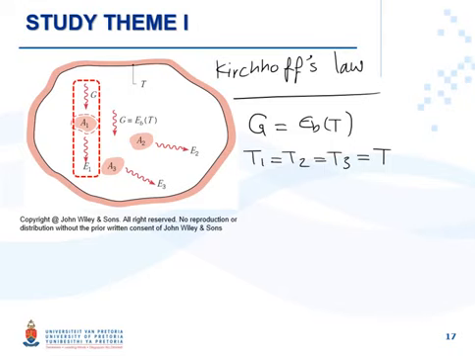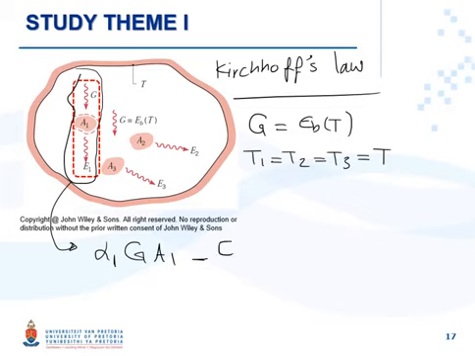So let's apply that energy balance to one of the surfaces. We can say that alpha 1 for surface 1, G A1 minus E1(T) A1 is equal to 0.